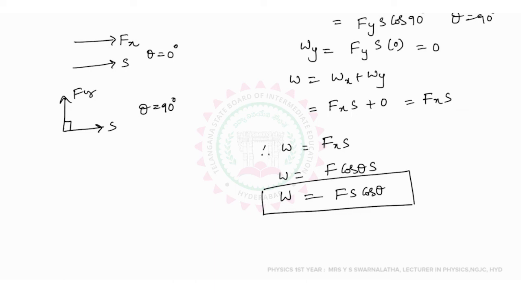So మనకి what we can say from this? Whenever we are calculating work which is done by force which is applied at an angle theta to displacement, it is only the component of force which is along the direction of displacement which will do the work.